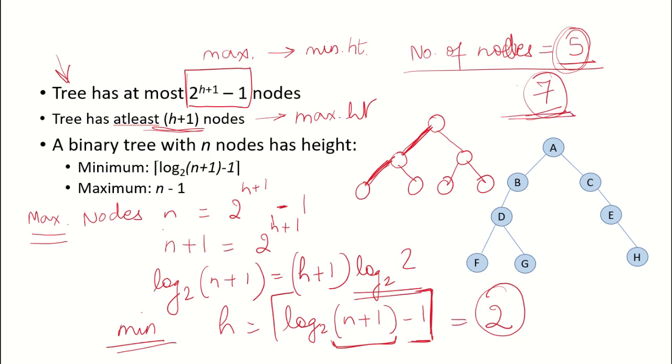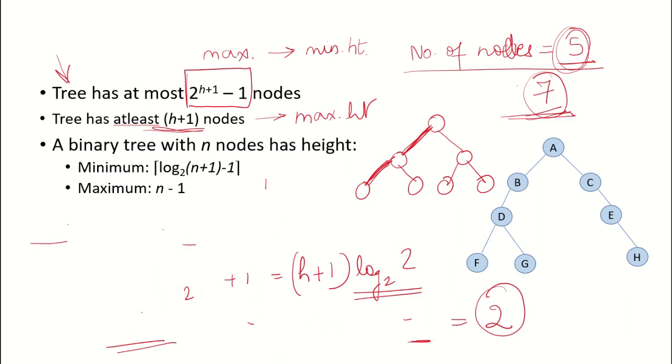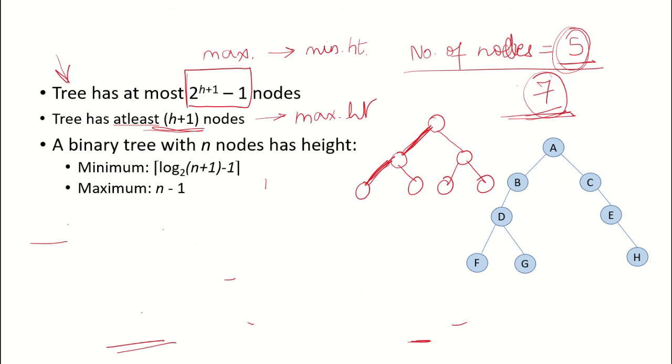Now let us see how we can know what will be our maximum height. For computing the maximum height, we will use the formula for minimum number of nodes. So the formula for the minimum number of nodes that can be possible is h plus 1.